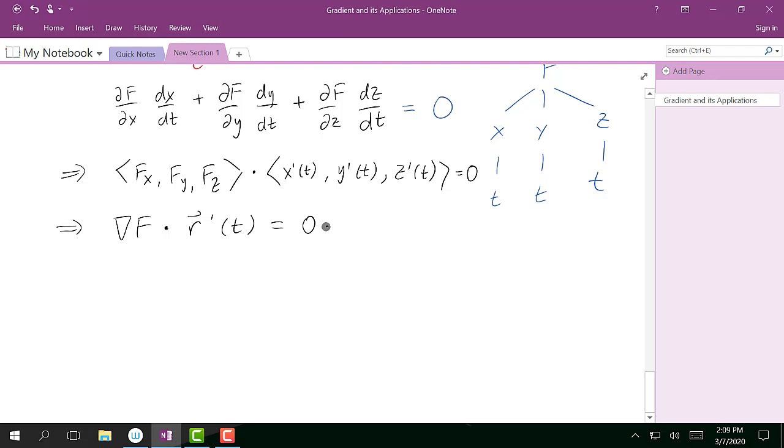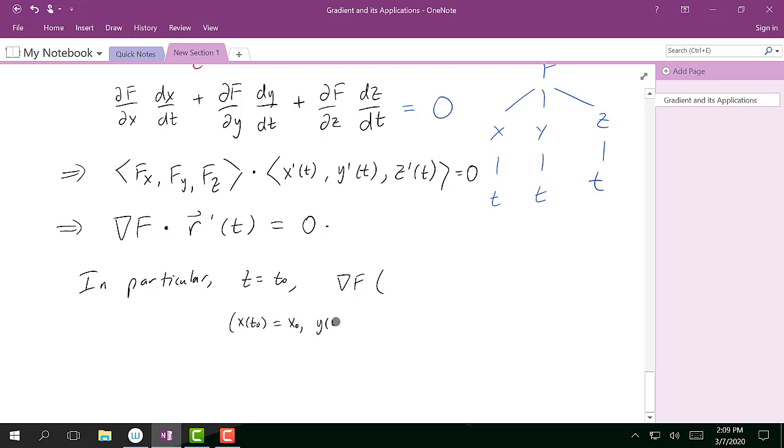And so in particular, at the time t is equal to t naught, what I have is that the gradient of F, well, if t is going to be t naught, let's see how I do it here. x of t naught, we'll call that x naught.